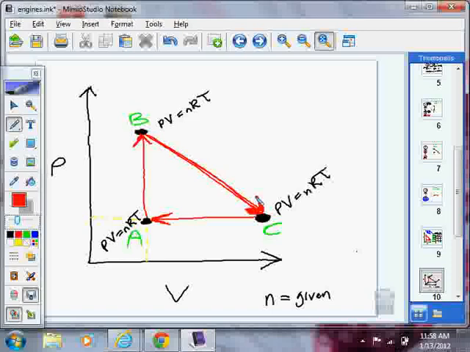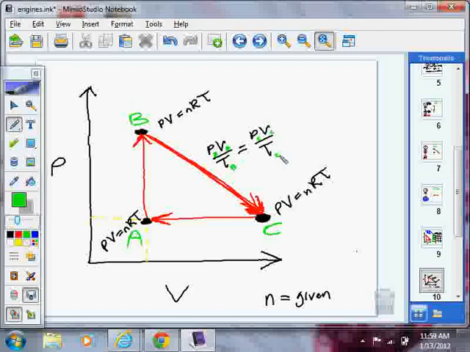Remember how that law looks? I think you guys call it the combined law, yes? So basically, if you're going from one condition to another, you could use PV over T equals PV over T. You could use that for this red arrow, between B and C. So if you want, you could say in here, that's going to be B, B, B, and this is C, C, C.